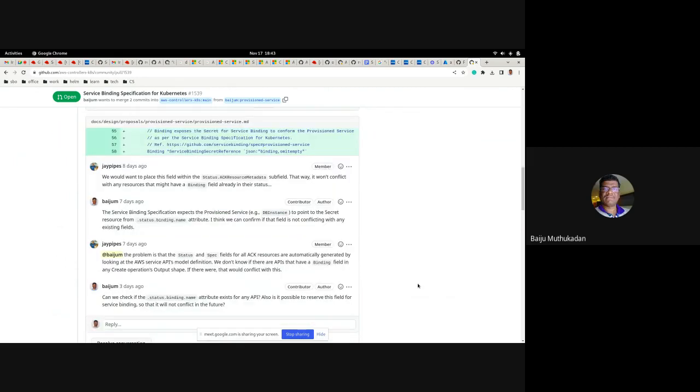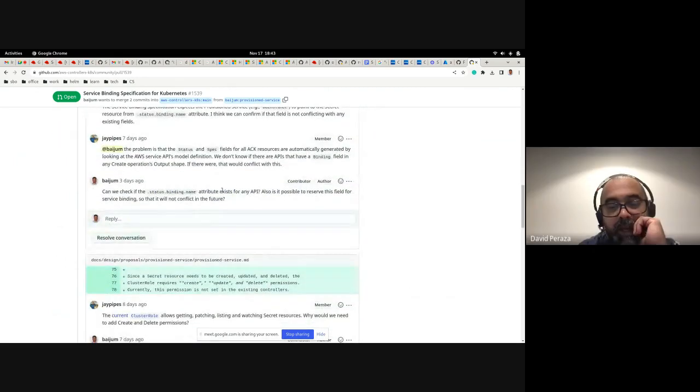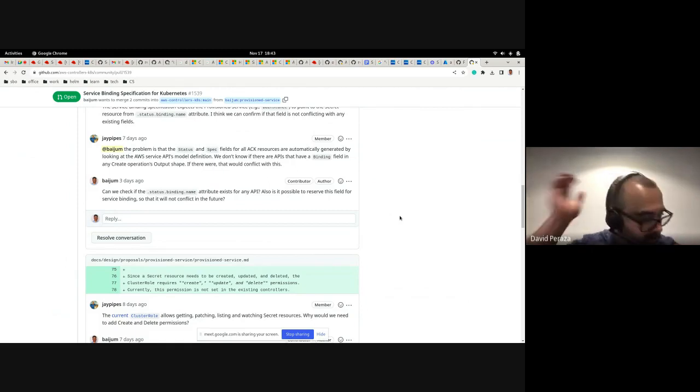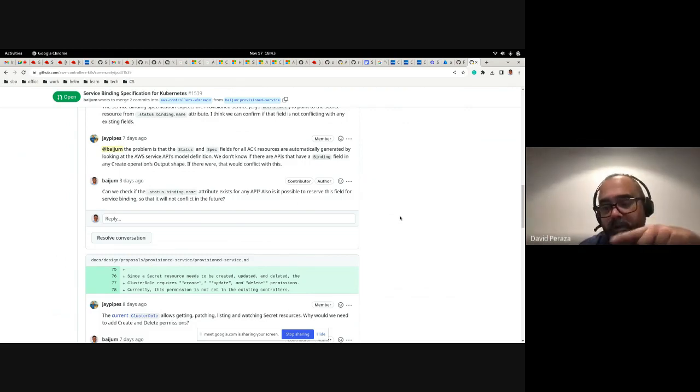Let's hope this is not going to be a blocker. The other thing that will help is, once you have shared the proposal, mentioning that we're also doing the same thing with Azure.